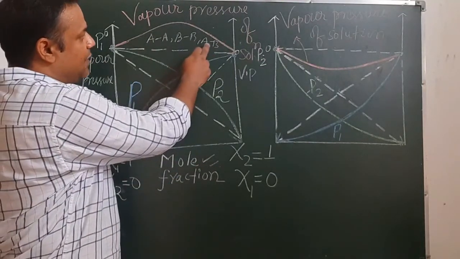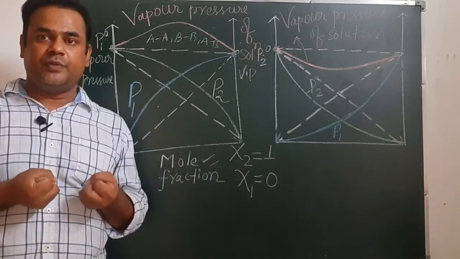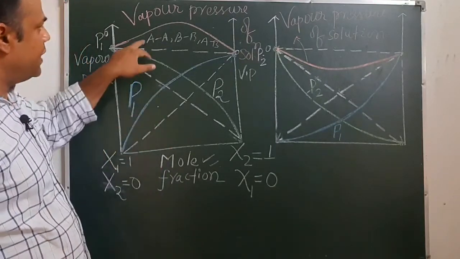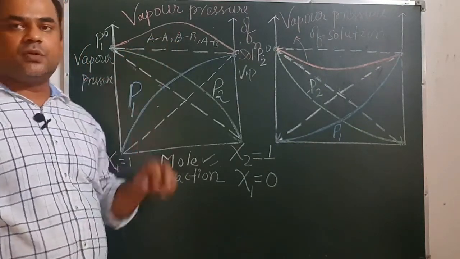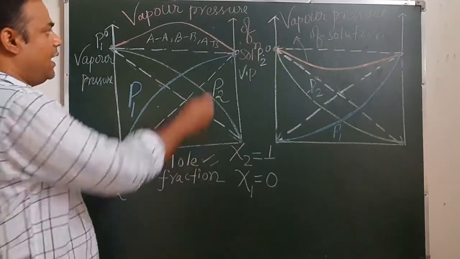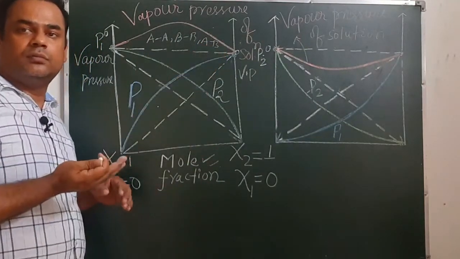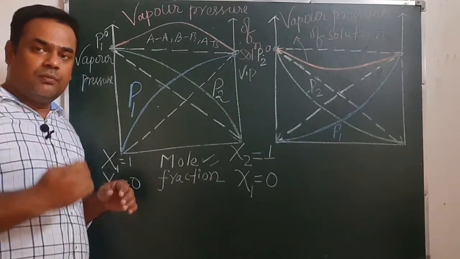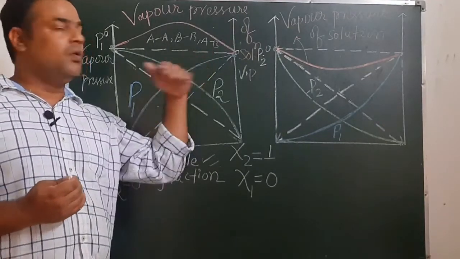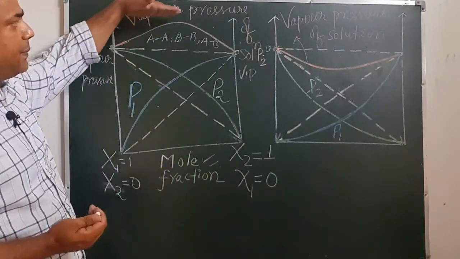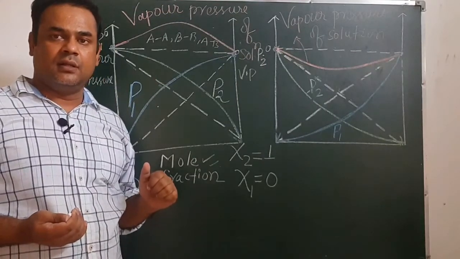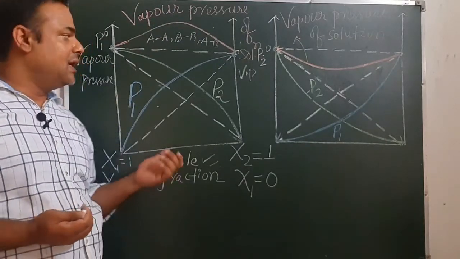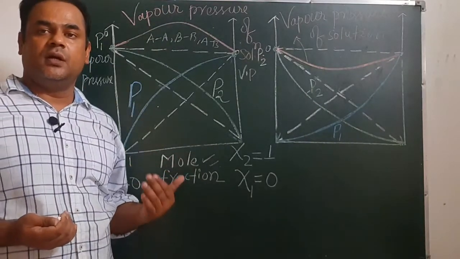Suppose the AB interaction, the binding force between the molecules of solute and solvent, is weaker as compared to the interaction between solute-solute and solvent-solvent. In that case A and B will easily go into vapor form, or we can say more number of moles of A and B will go in vapor form. And if more moles of A and B go in vapor form, in that case the vapor pressure will rise above that of ideal condition. This rise in vapor pressure causes positive deviation from Raoult's law.